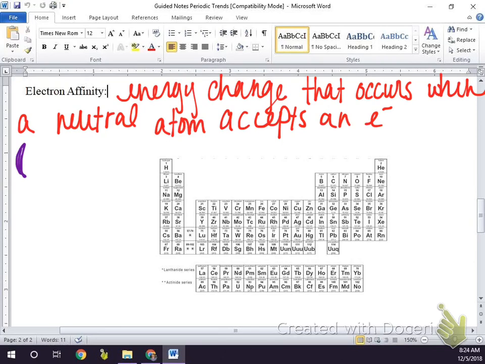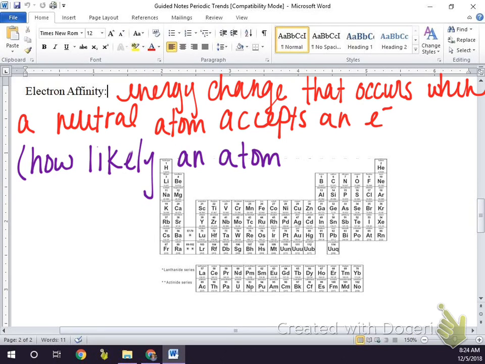So the way I like to think about electron affinity is how likely an atom is to accept an electron. Oh my goodness, I can't spell today.